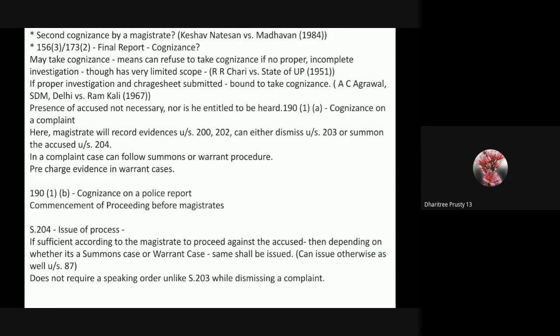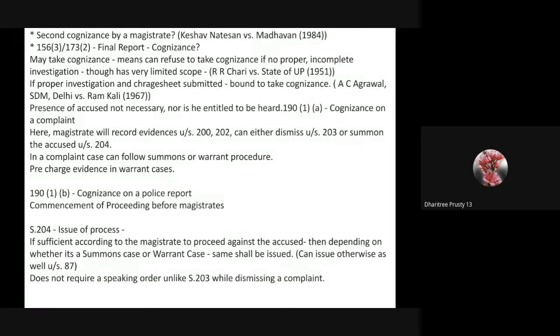In a complaint case, both summons and warrant procedure can be followed, but we have to know that if it is a complaint case and a warrant case, then there is the provision of pre-charge evidence. Those of you who were with me for the last few classes, when we were discussing the intricacies of criminal trial, the modes of trial, summons case, warrant case, sessions case, summary case, must know that there is pre-charge evidence in warrant cases where it is a complaint and not a police report.